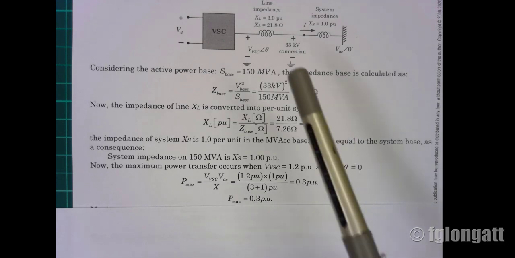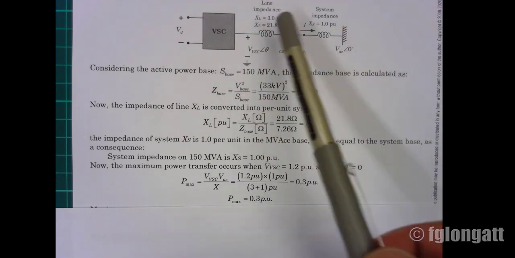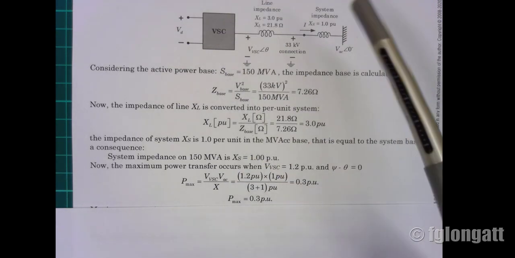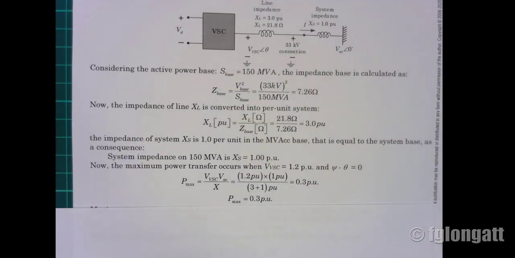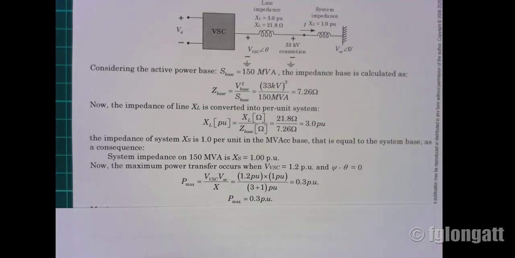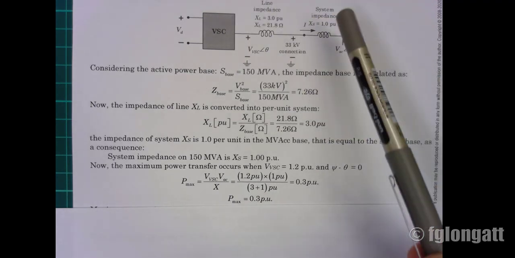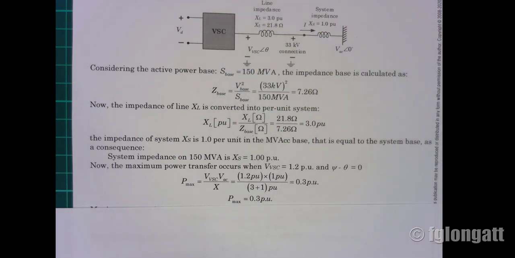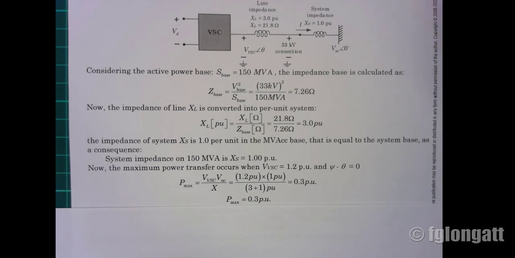And you must remember that the power that is moving across those reactances depends on the product of the voltages divided by the total reactance, okay? Here we have a series reactance, and because we have two reactances in series, the total reactance is the sum, okay?